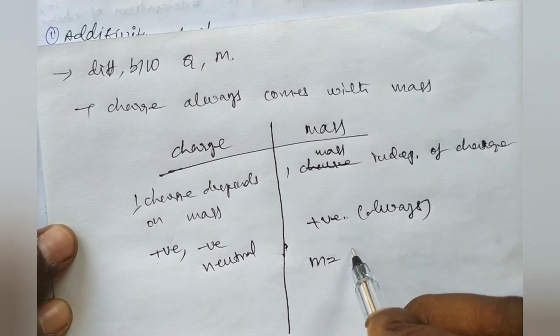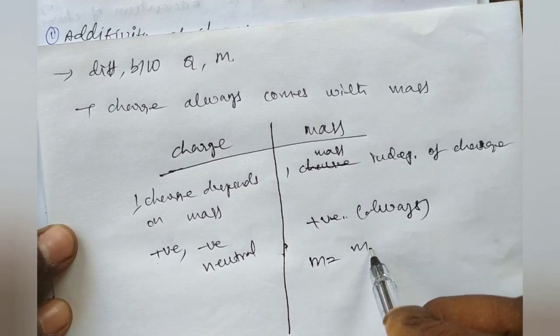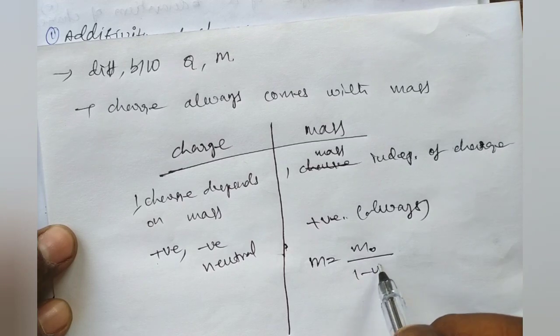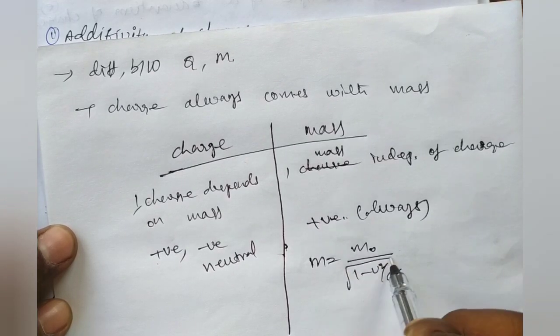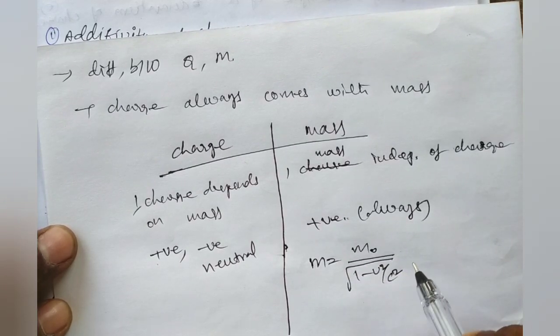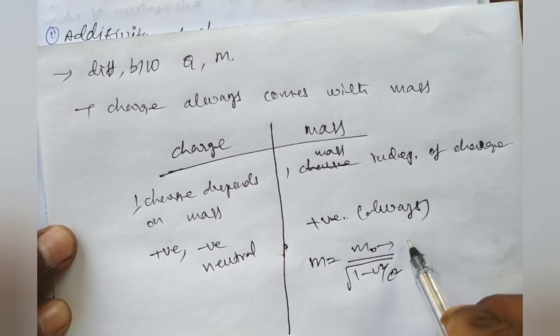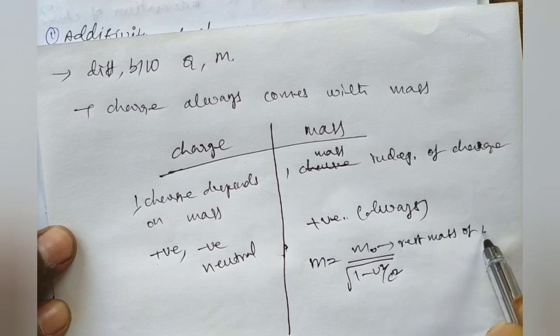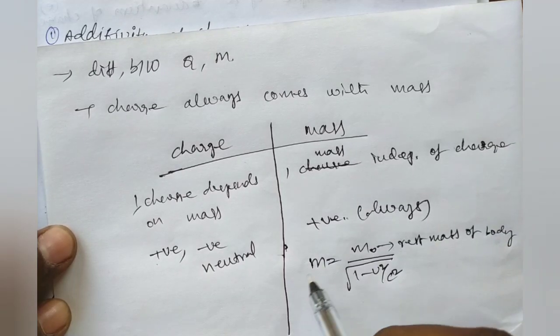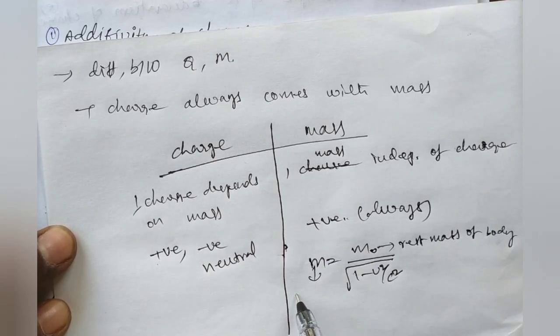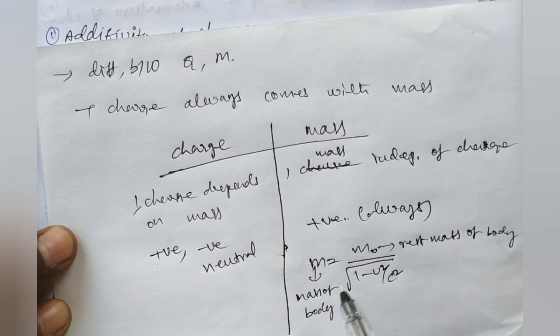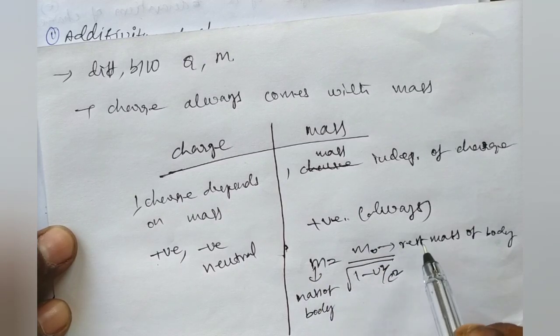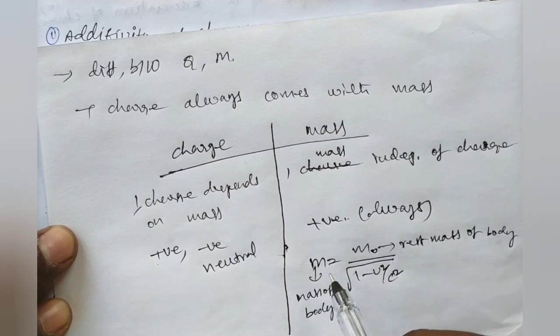Also, mass is related to the speed, the velocity, through 1 minus v squared by c squared, according to modern physics for small particles. m0 is the rest mass of the body and m is the mass of the body.